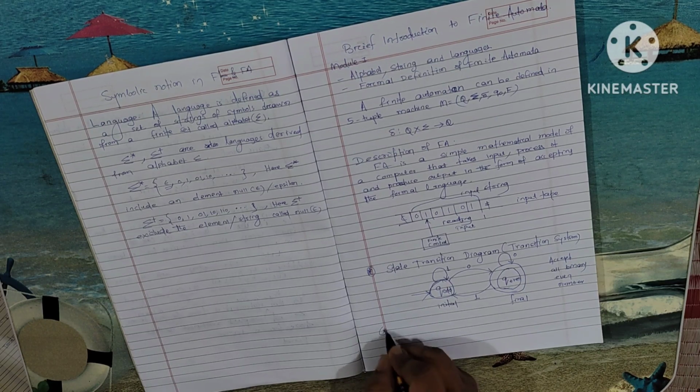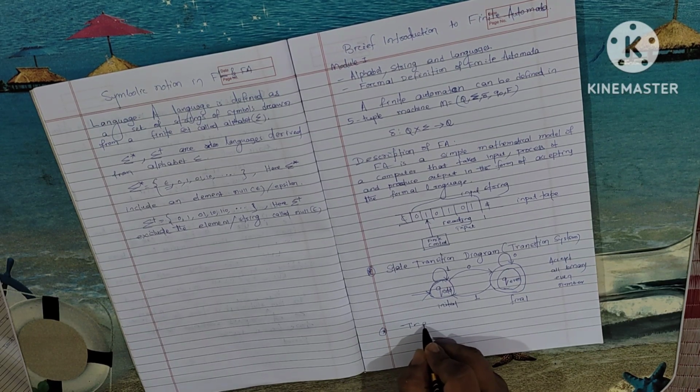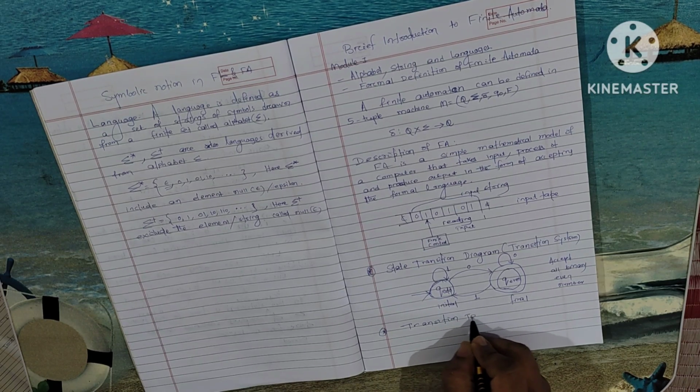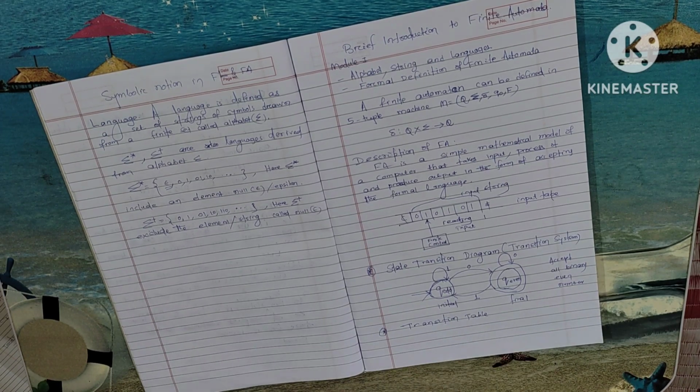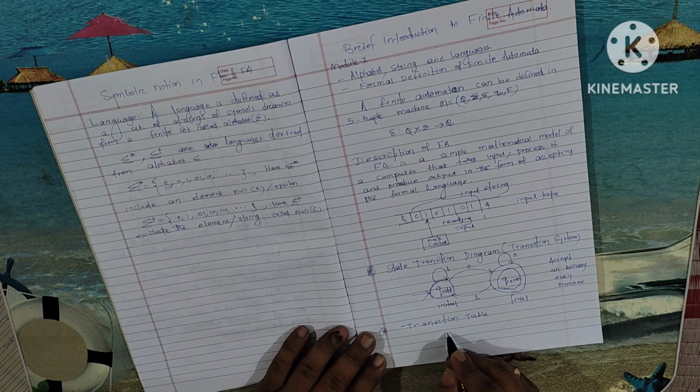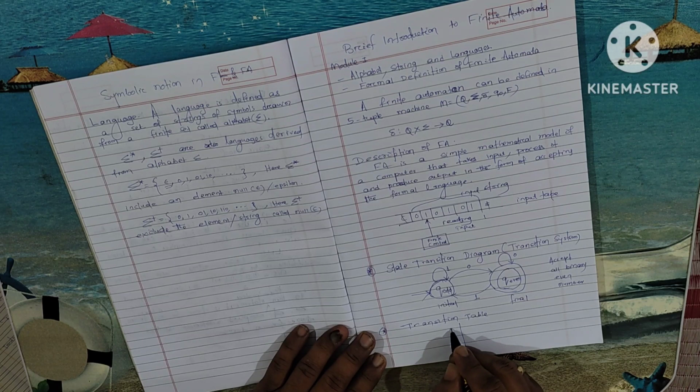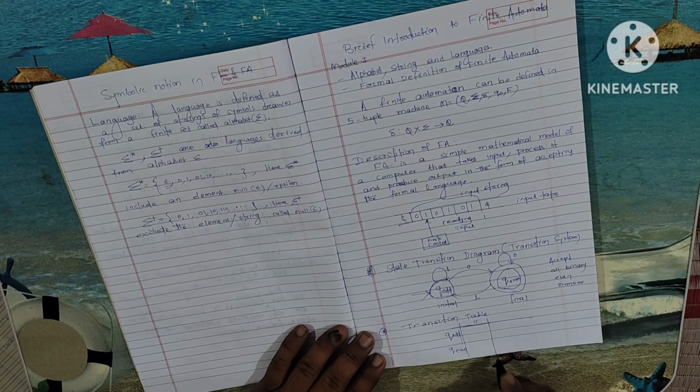Then we will also learn the transition table. So what is the transition table here? How many states do we have here? Q odd and Q even, and what are the input symbols? 0 and 1.